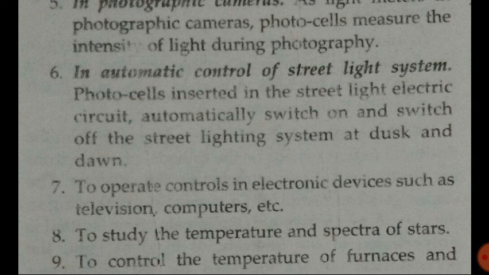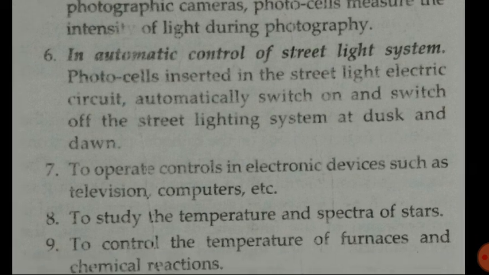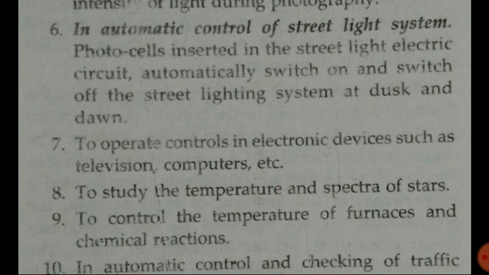When that photocell senses the light, it simply switches off all these street lights, automatically. Photocells inserted in the street light electric circuit automatically switch on and switch off the street light system at dusk and dawn.